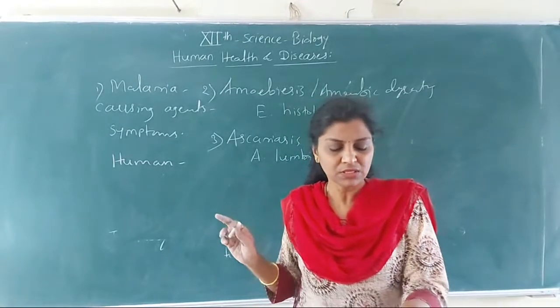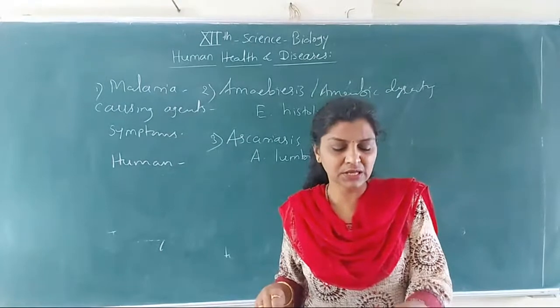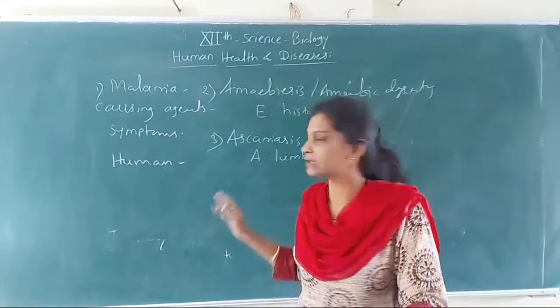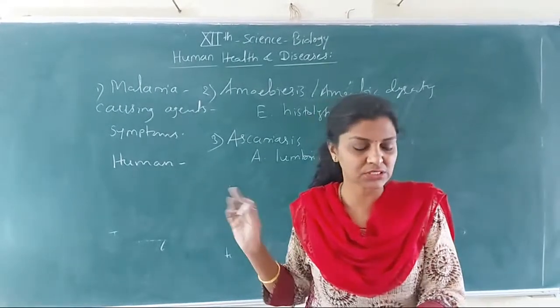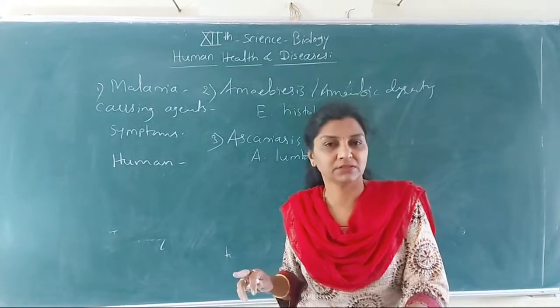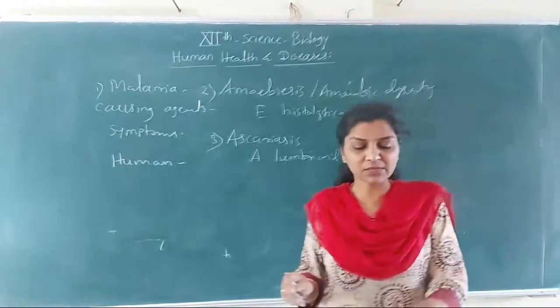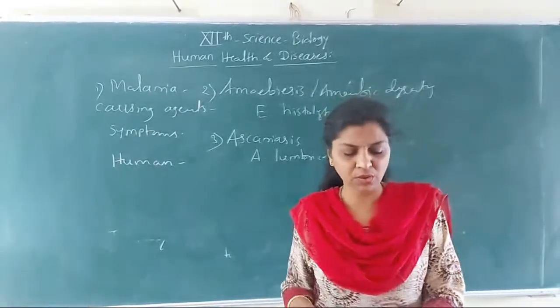Okay. So treatment is piperazine and mebendazole. These are the two drugs which are recommended for this ascariasis. Also levamisole and pyrantel. These 4 types of drugs are recommended. And what are the preventive measures and control?